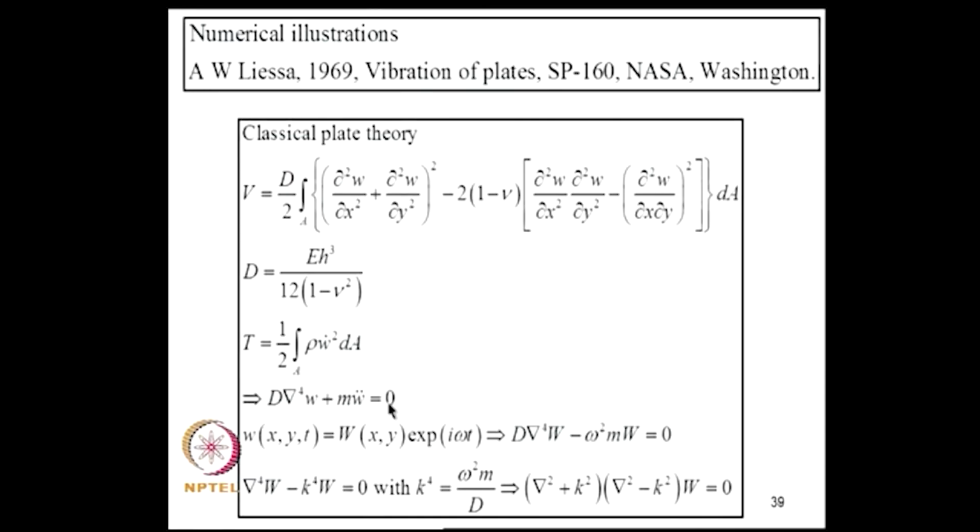To find out free vibration characteristics, we assume that all points on the structure vibrate harmonically at the same frequency, and we substitute this into the governing equation, and we get D del 4 W minus omega square m W equal to 0. If we introduce the parameter k to the power of 4 as omega square m by D, we get this equation, and this equation itself can be rewritten in this form.